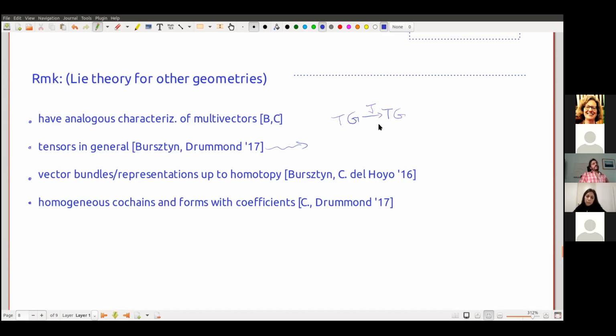And there is a natural way of saying when this complex structure is compatible with the groupoid. And indeed, there is an extension of the theorem that I mentioned above, characterizing this in infinitesimal terms. So this applies to Lie groups as well, but it's much more general.